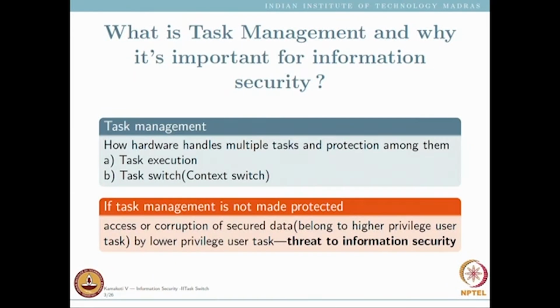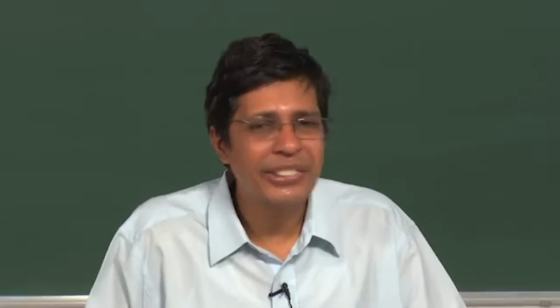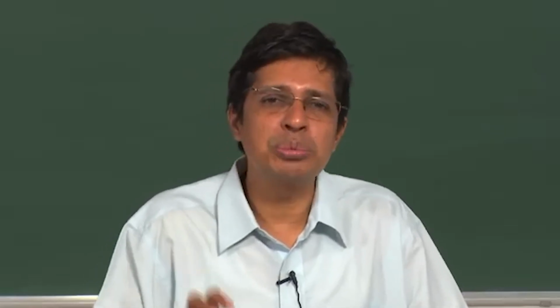This becomes potentially a threat to information security. If you look at all the attacks that have happened in the past, many of them are because of problems in switching from one function to another function, or one task to another task. Now let us study in great detail how Intel has put certain security mechanisms for task switching.